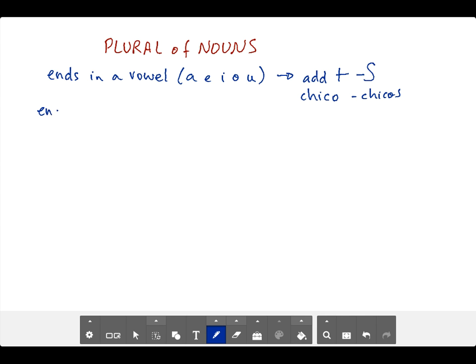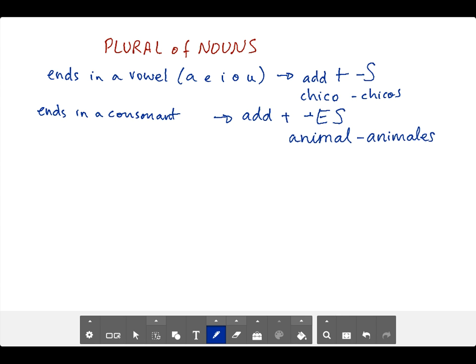When the noun ends in a consonant, so the rest of the letters of the alphabet, like T or D or L, you will add ES. Por ejemplo, animal, you would add ES and turn it into animales.